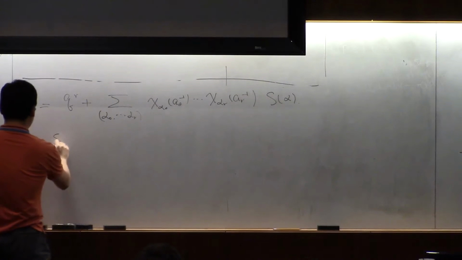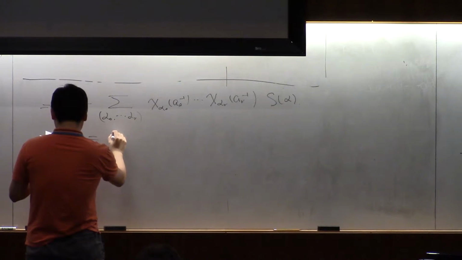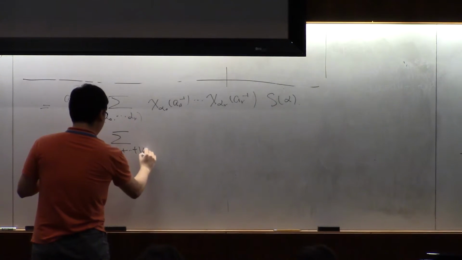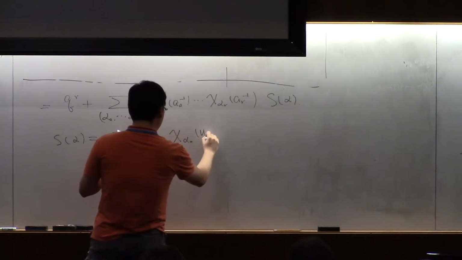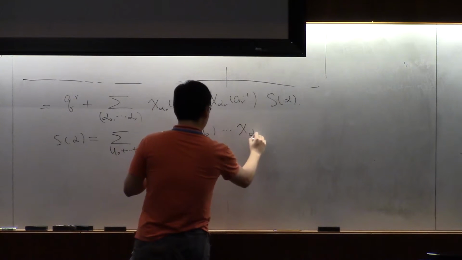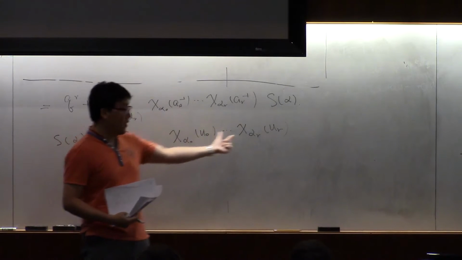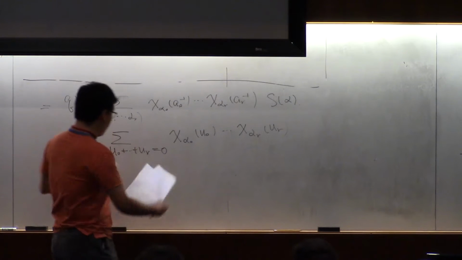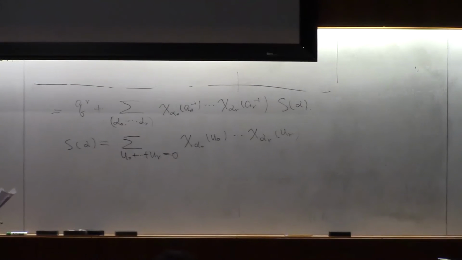Here this S alpha is given by the summation of this product of characters for all these u_0 to u_r such that the sum of these r plus 1 tuples is 0.